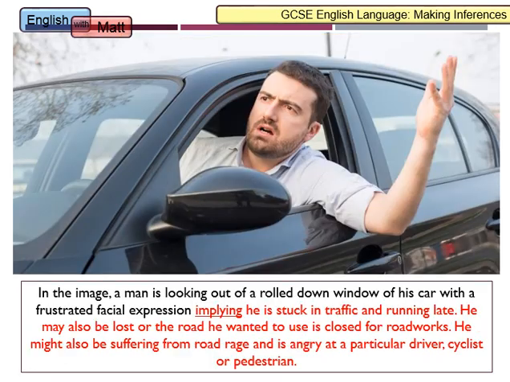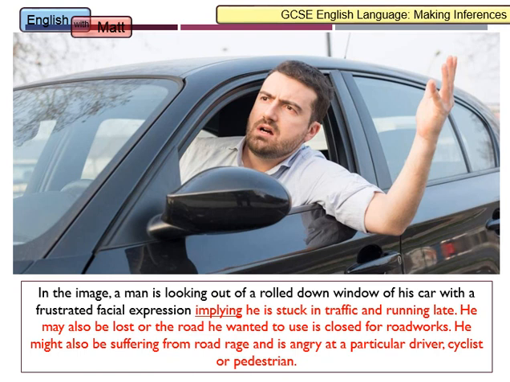Looking at the man in the car, in the image, a man is looking out of a rolled-down window of his car with a frustrated facial expression, implying that he is stuck in traffic and running late. He may also be lost, or the road he wanted to use is closed for roadworks. He might also be suffering from road rage and is angry at a particular driver, cyclist, or pedestrian.